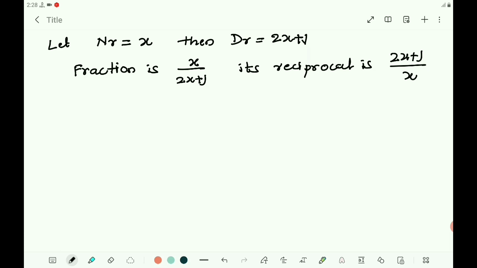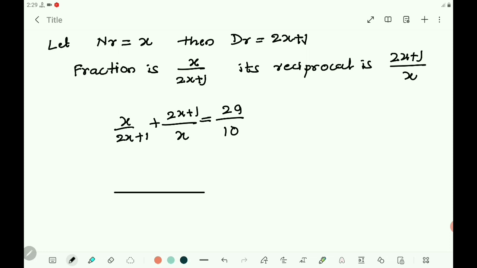Therefore, you write x by 2x plus 1 plus 2x plus 1 by x equals 29 by 10. Now you take the LCM.